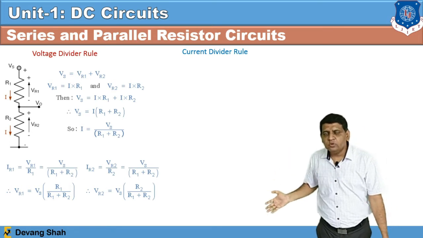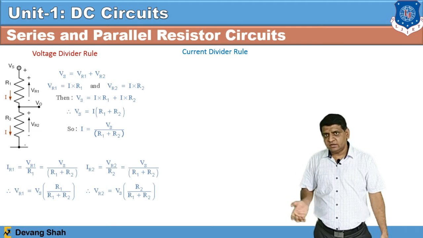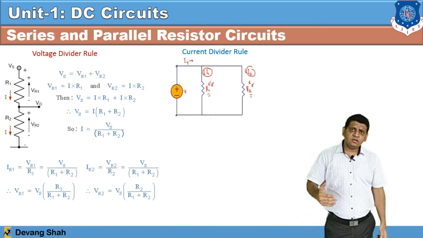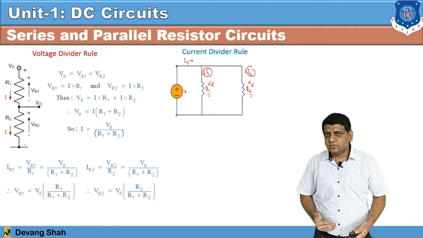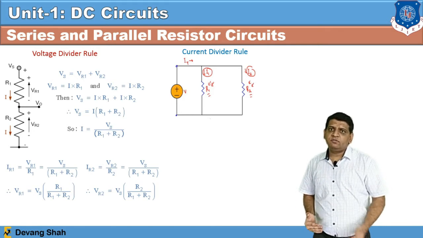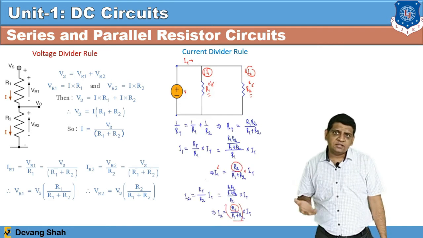Same way VR2 is equal to R2 divided by R1 plus R2 into V, right? Now as such, the series resistance offers you a voltage divider, and the parallel resistor offers you a current divider, right? So this particular rule we define as the current divider rule.